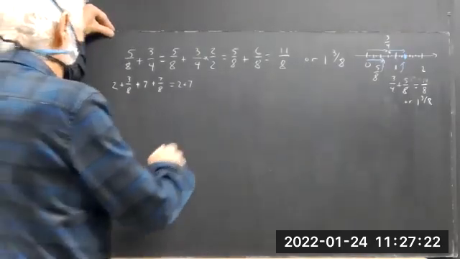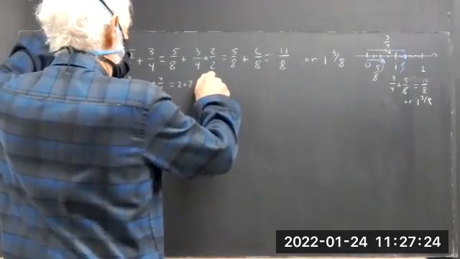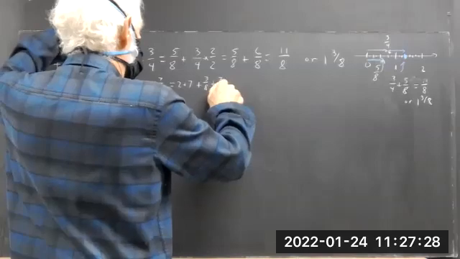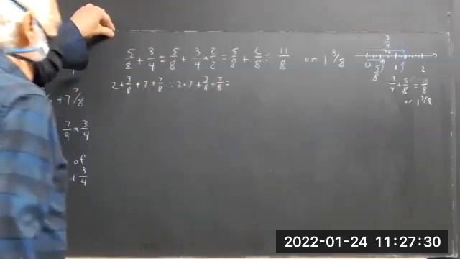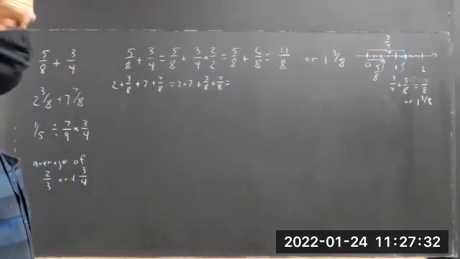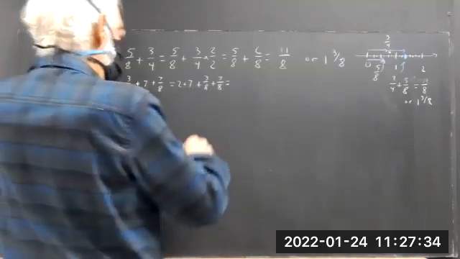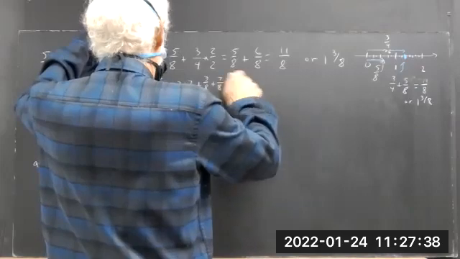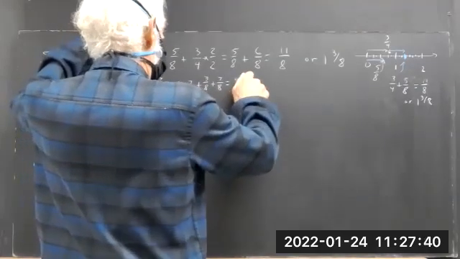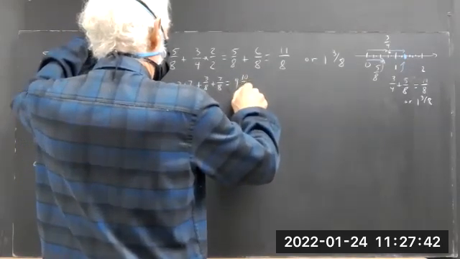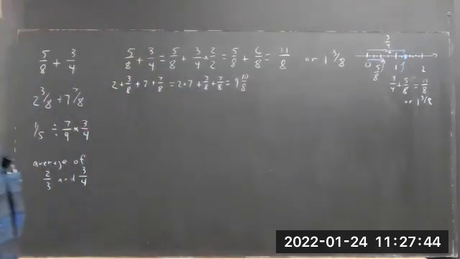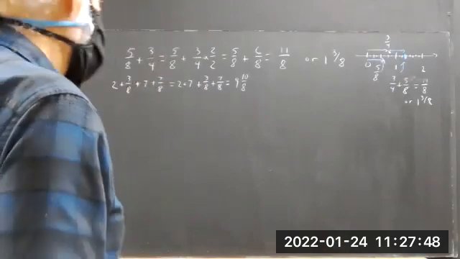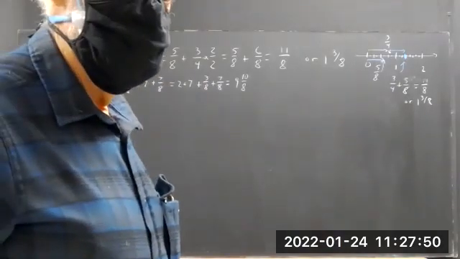Okay? So we can say 2 plus 7 plus 3/8 plus 7/8. Okay. And that's going to be 9. And 3/8 and 7/8 is 10/8. Of course, 10/8 is 1 2/8, right?